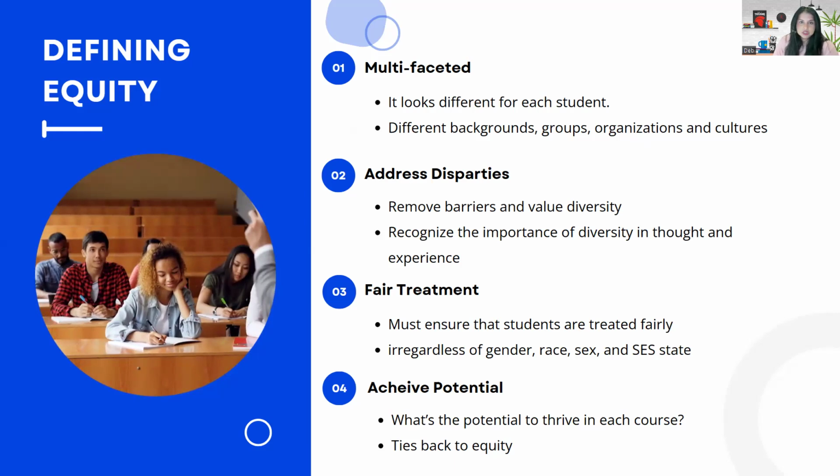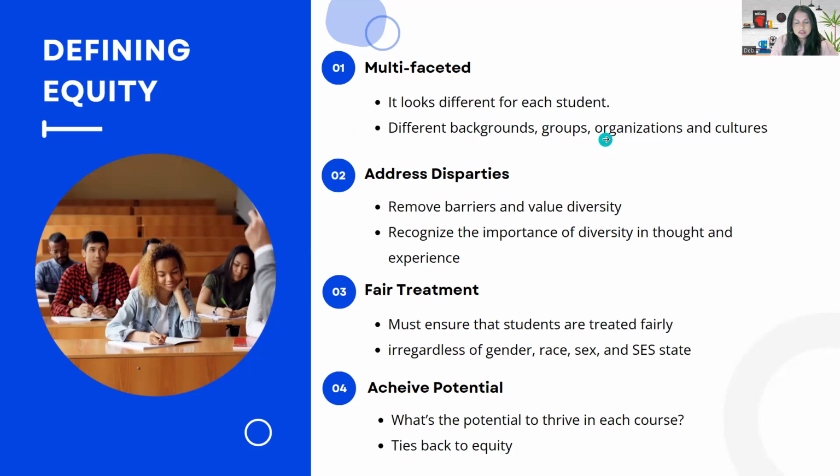The second thing here is to address disparities, and that's what equity really strives and seeks to do. So equity in the classroom, specifically with rubric design, can remove barriers, and thereby by removing barriers, we can learn to value diversity. And diversity, not so much in perhaps students, but also in thought and also experience.